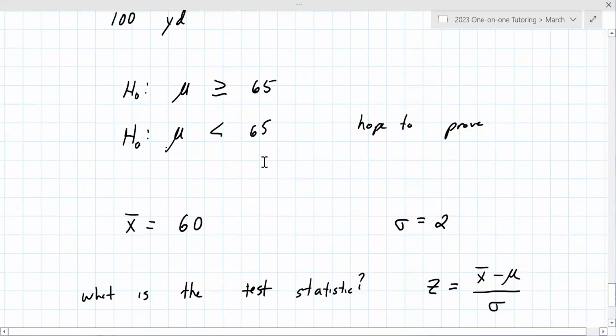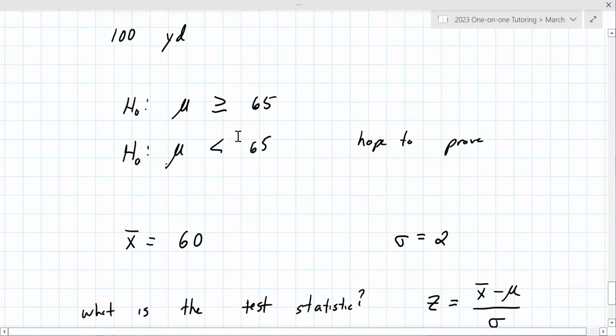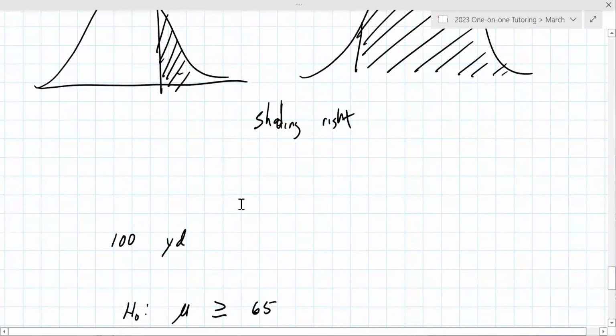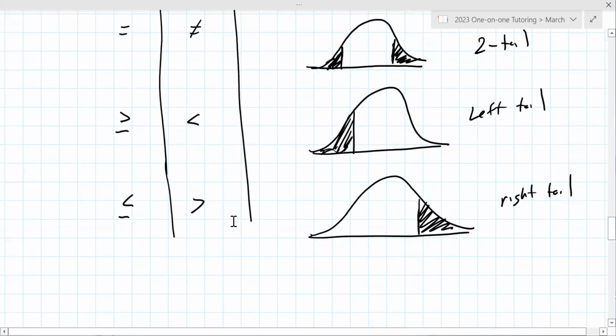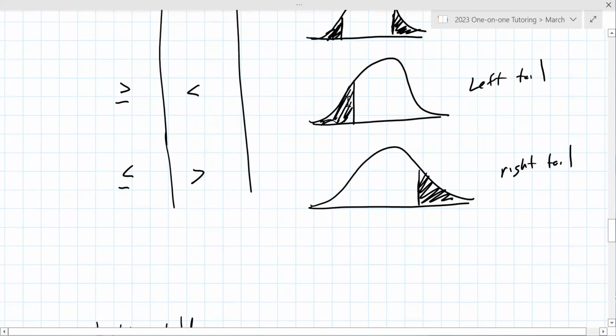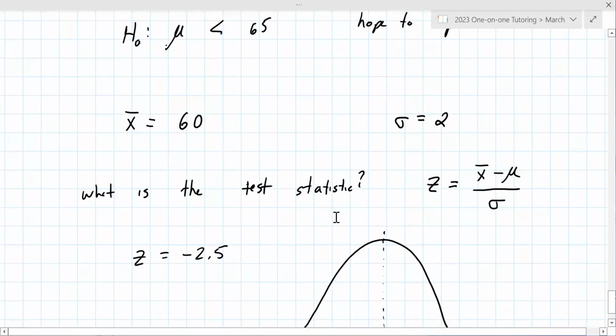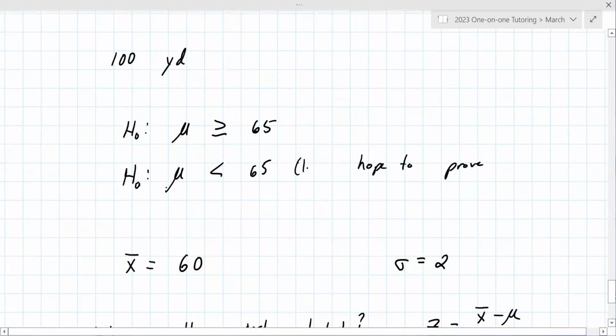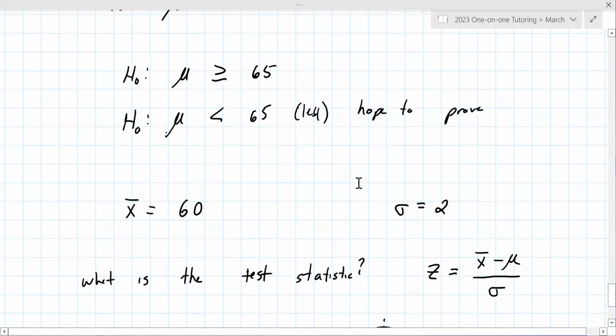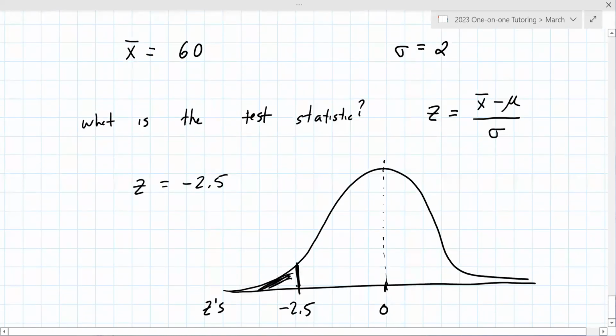It's based on this inequality, the less than. So if we go back up here and look, we said when it was less than, we shade to the left. You might even write that up here. So we're going to shade to the left.